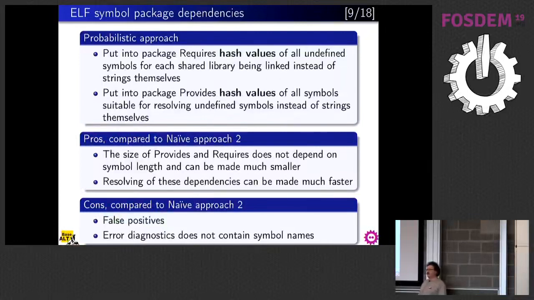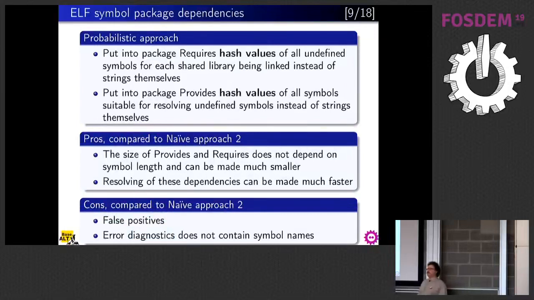When you hash strings into values, there is a chance that different strings will be hashed into the same value. So when you are checking whether this particular string is present in the set of hashed values, there is a chance that a different string hashed to the same value will be found, and this will be a false positive.